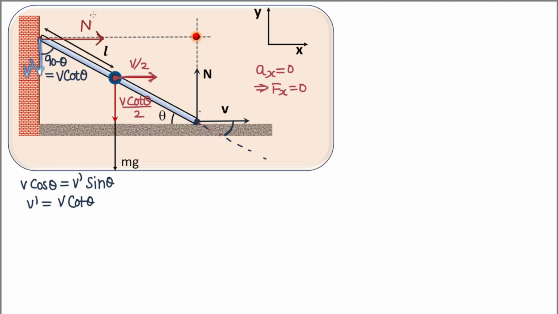It can never act in the leftward direction. Normal reaction can never be a pull force, right? So this n dash will be towards the right, but this external force has to be towards the left, and let us say this external force is F, right? So this is F.